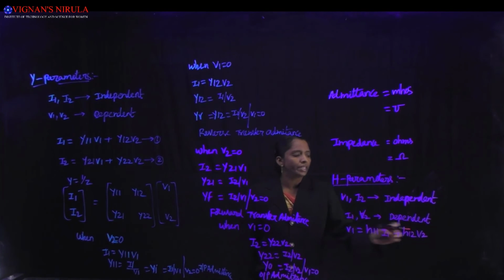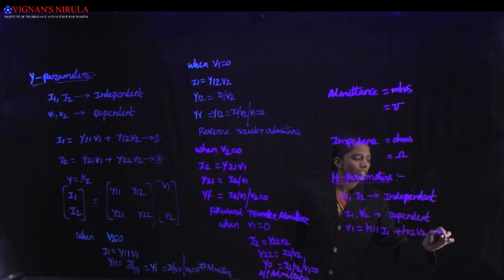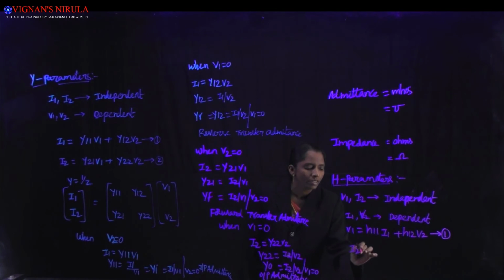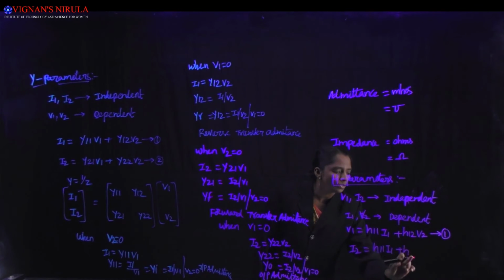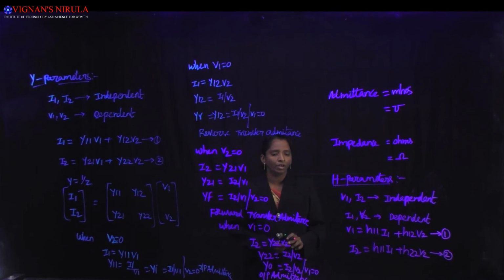The first dependent parameter is I1, and the second dependent parameter is V2. This is equation 1. Now write the second equation, where the independent parameter is I2. I2 equal to H21 I1 plus H22 V2. These are the equations for hybrid parameters.